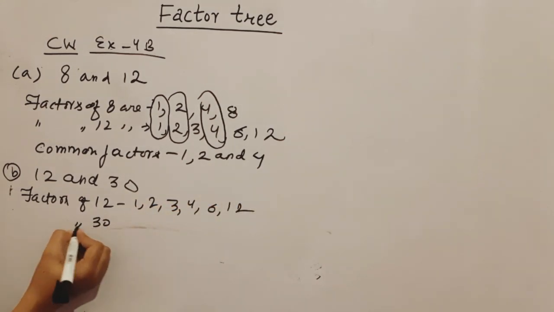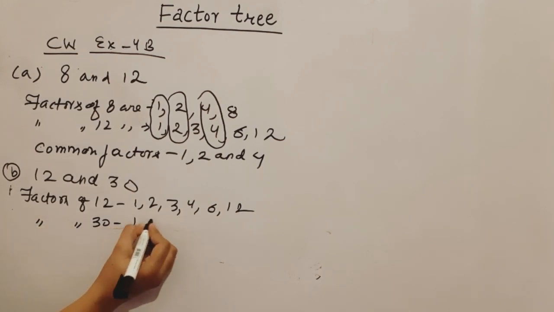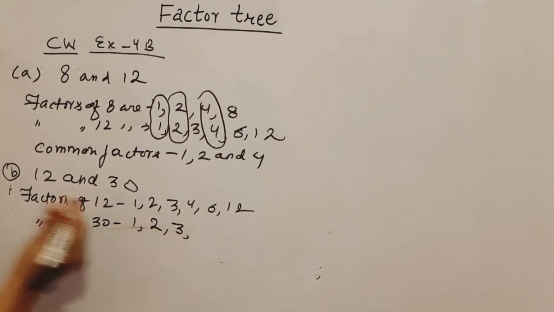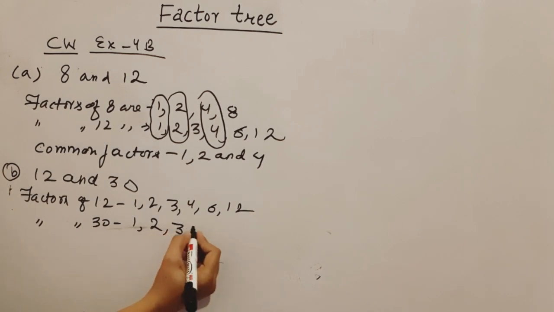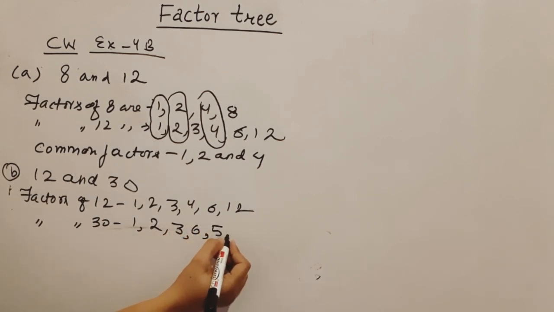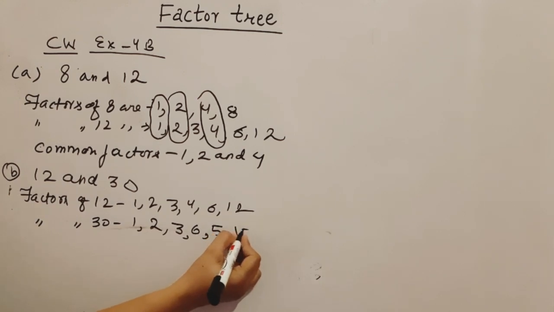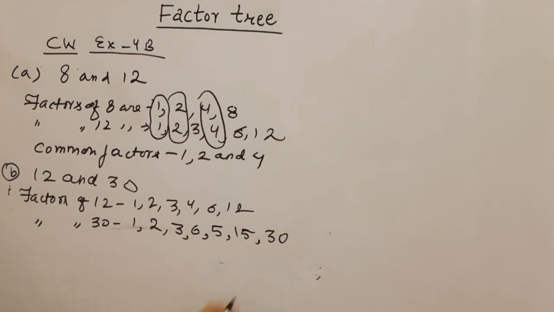Now factors of 30: 1, 2, 3, 6, 5 and 15 and 30, right? So these are the factors of 30.